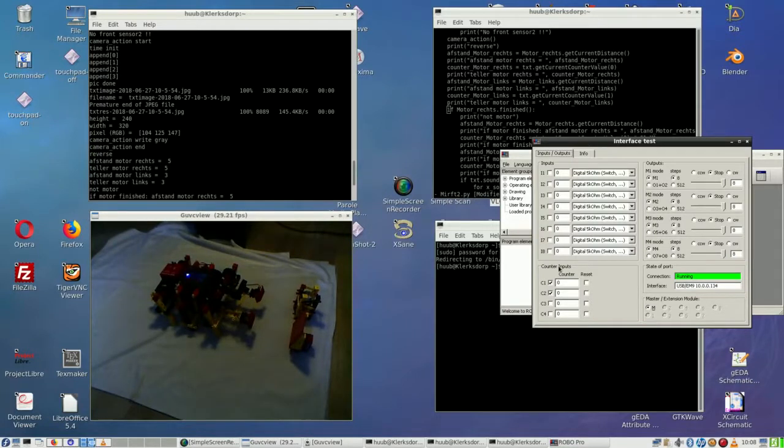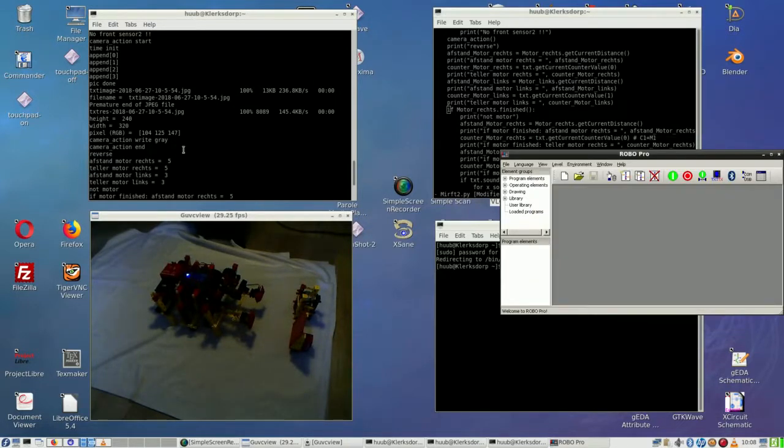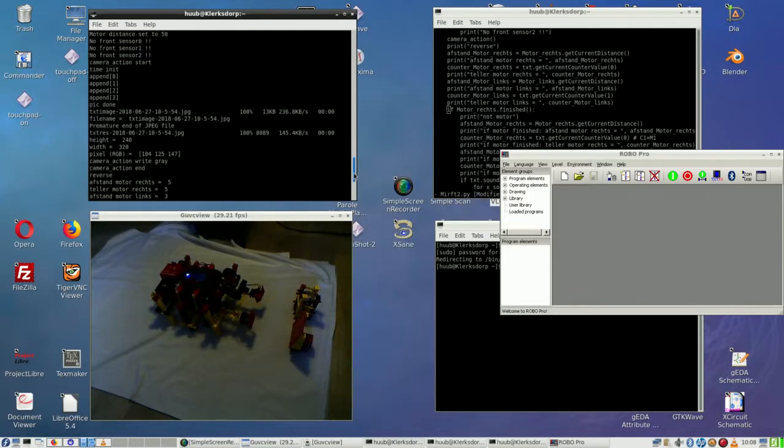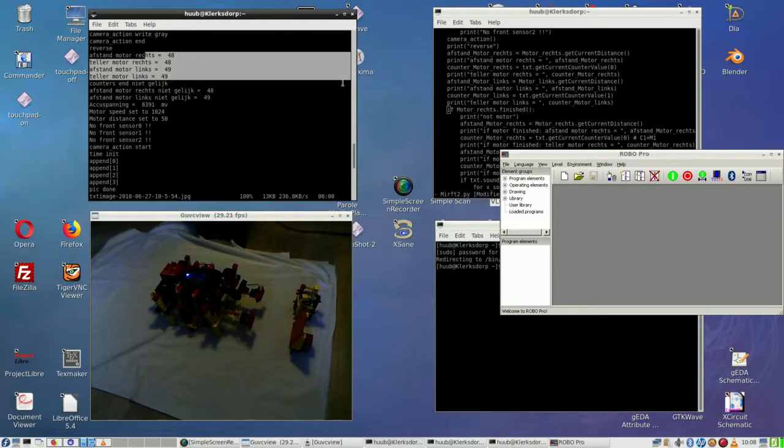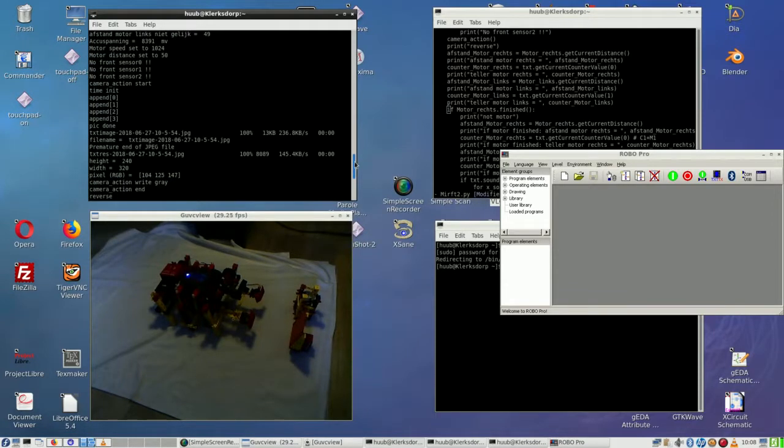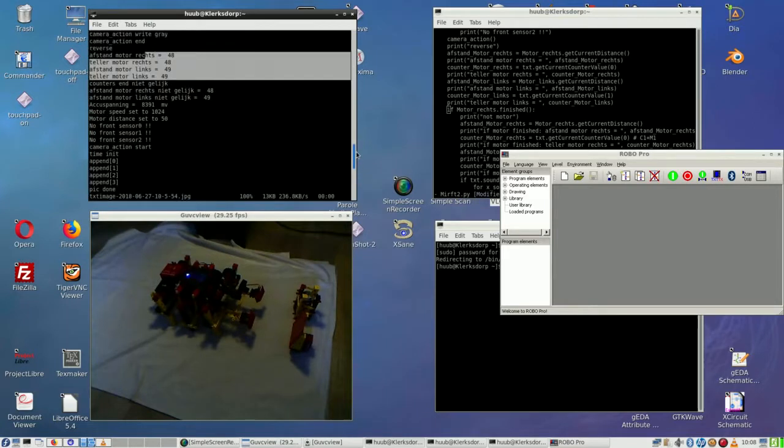But then counter should be visible. Right. Manual reset. And where did I go? Oh, here. Really? Oh, that's funny.